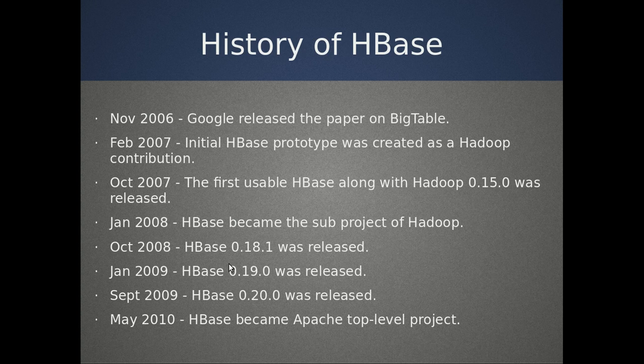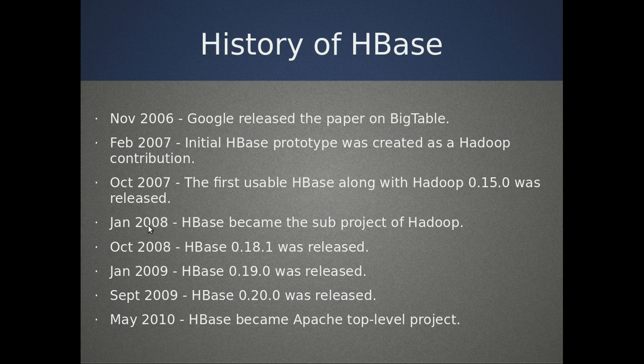The history of HBase: in November 2006, Google released a white paper on Bigtable, revealing the secret of their infrastructure and how they deal with big data with Bigtable. The initial HBase prototype was created as a Hadoop contribution. In October 2007, the first usable HBase along with Hadoop was released.